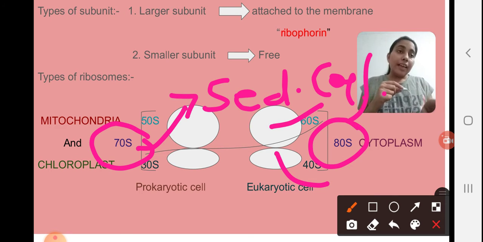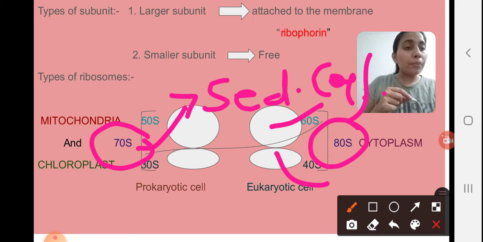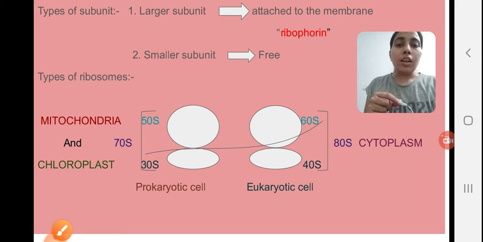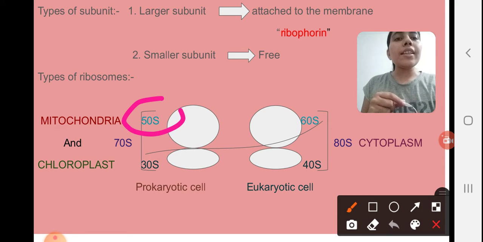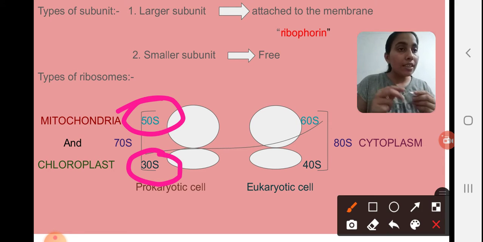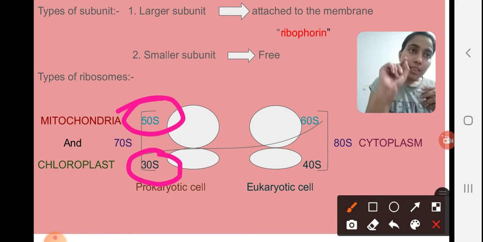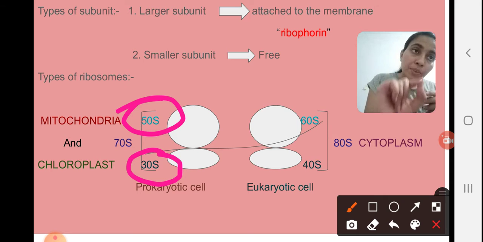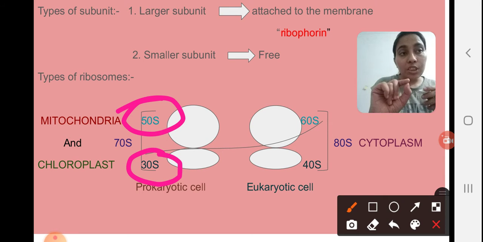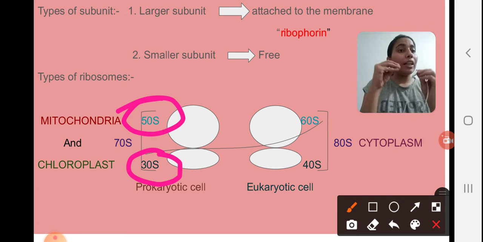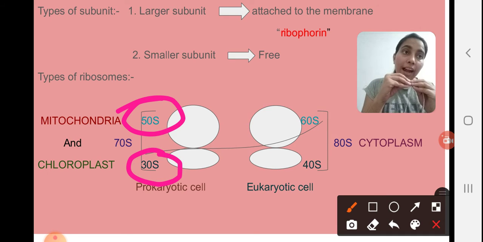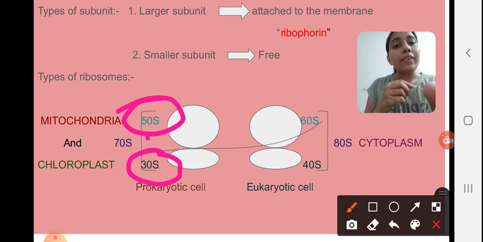This 70S is further subdivided into two types, 50S and 30S. 50S is the larger subunit, 30S is the smaller subunit. When both subunits join each other, the rate at which they join would be 70S.